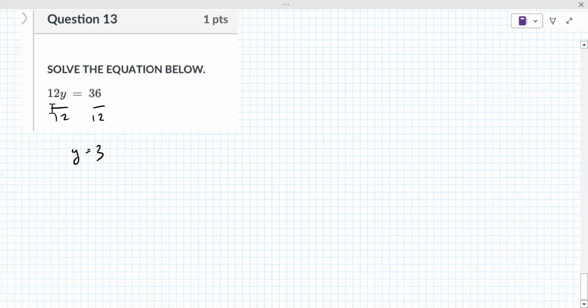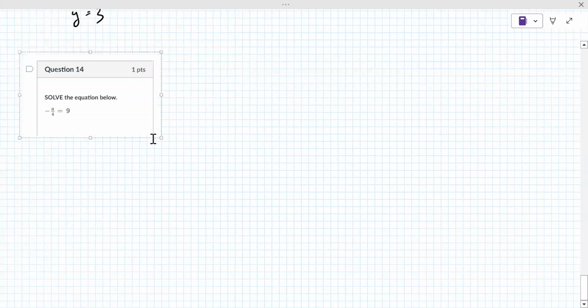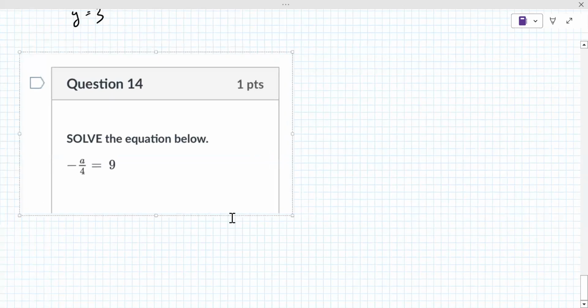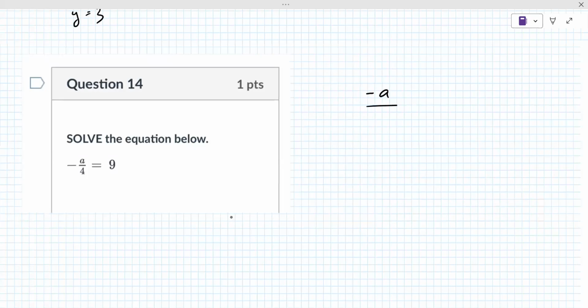All right, 14. 14 is just a tiny bit of explanation, because there's a few ways to do this. You could look at this as -a over 4 equals 9. Right now, the negative's out in front. You can look at it as -1/4 times a equals 9.